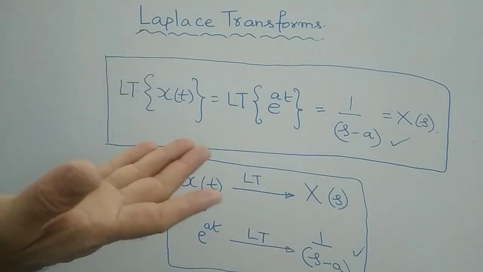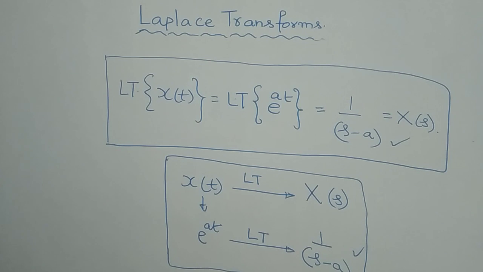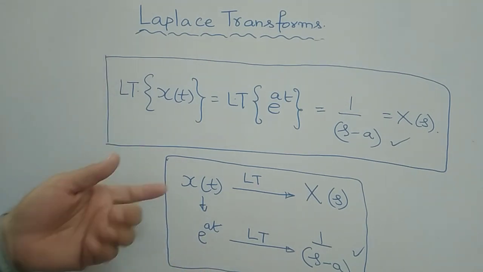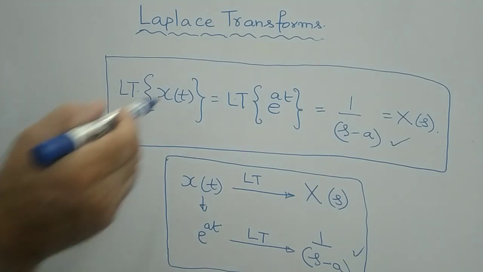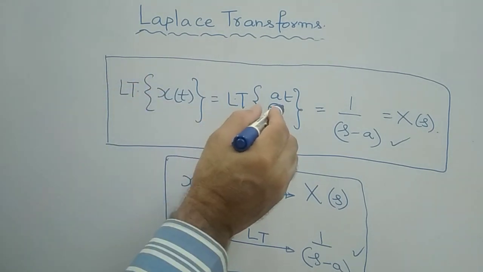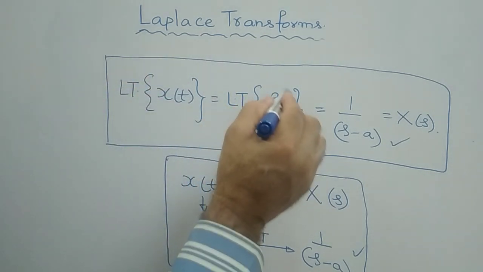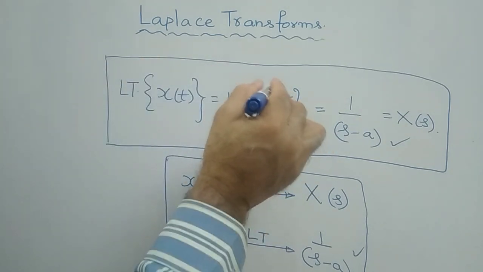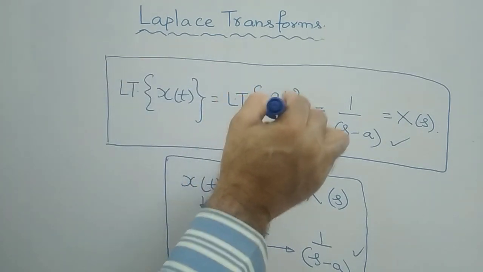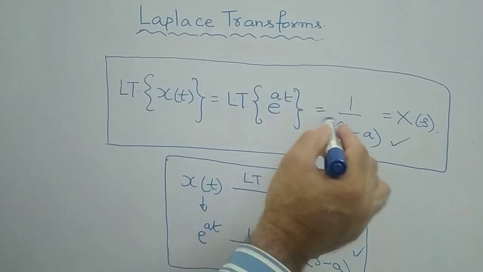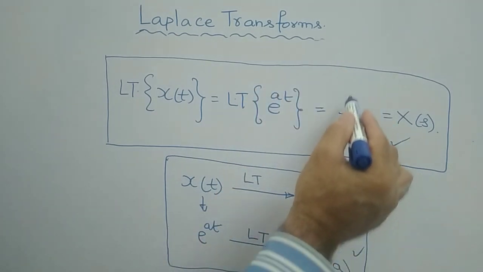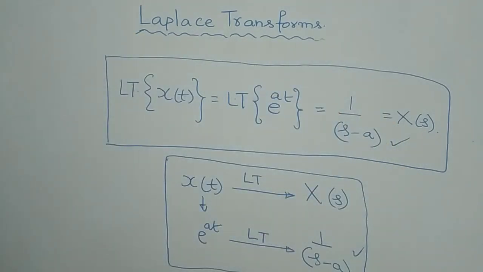So in both numerator and denominator you will get s, or sometimes you may have the s in the numerator itself, depending on the input signal, depending on the x of t. Here my x of t is e power a t, an exponential function. If you apply the Laplace transformation, it corresponds to 1 by s minus a.